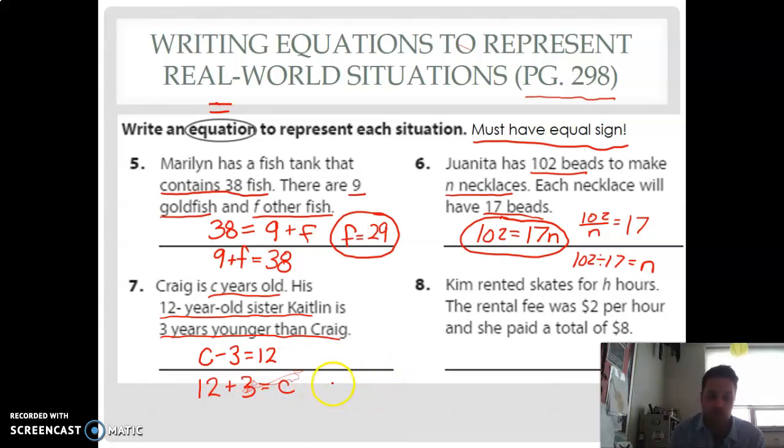That could work. Maybe if I take Craig's age and I subtract his sister's, I should get 3. So any of these would work. I think I like this one the best to represent this particular situation, but they're all going to give me the correct solution to the equation if I solve for C, which in this case would be 15.